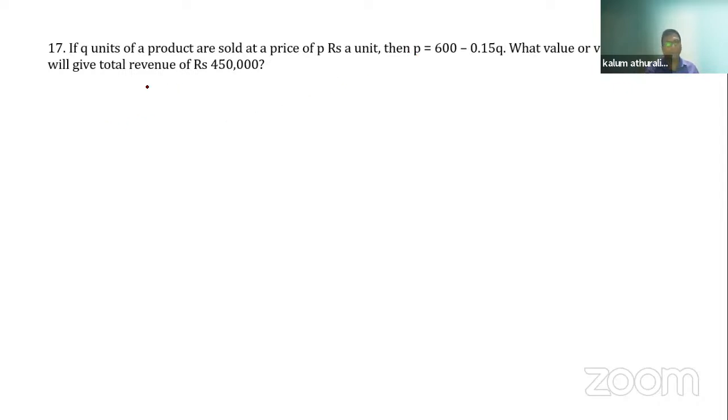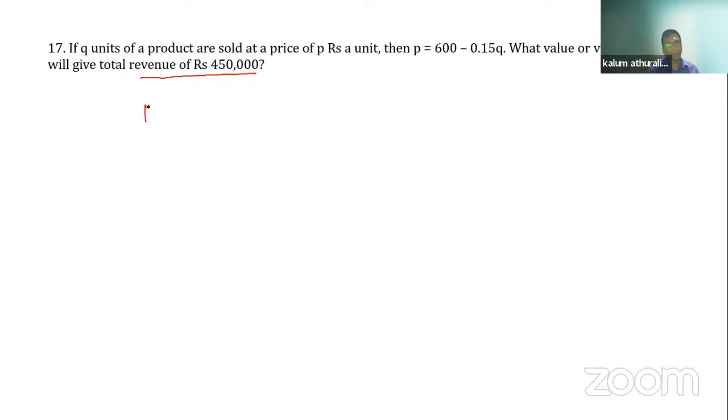Revenue is given as 450,000. They ask what is the value of Q, the units produced. We want to find Q.